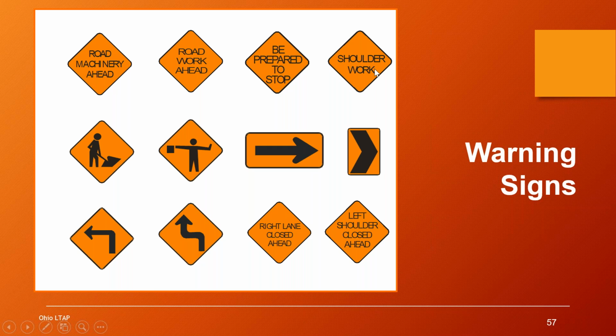And of course, we've got shoulder work. It's important to use the shoulder work sign if you're only working on the shoulder and not interfering with the lane of traffic. It's nice to let the motorist know that. Otherwise, they assume you're in the lane, and maybe they'll try to change lanes when they don't need to.